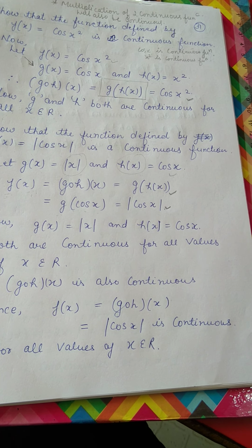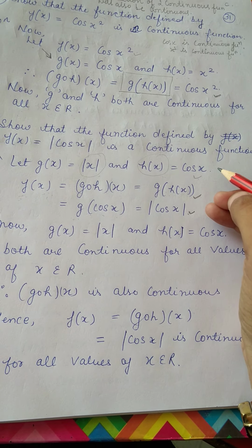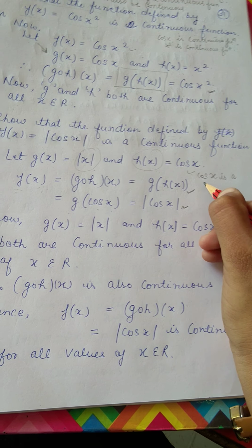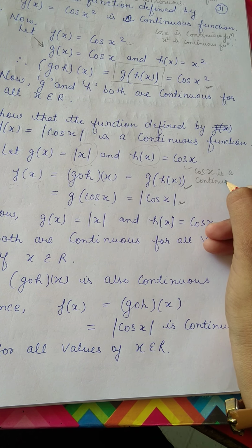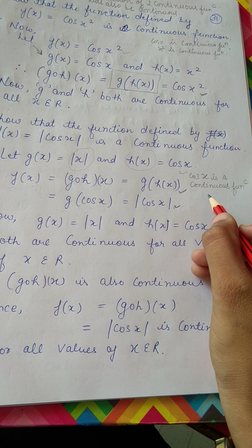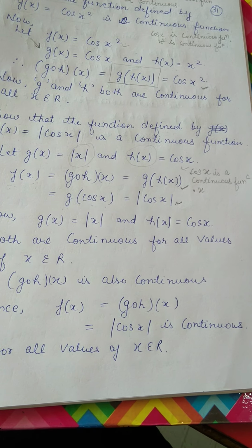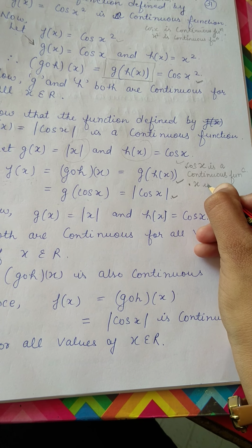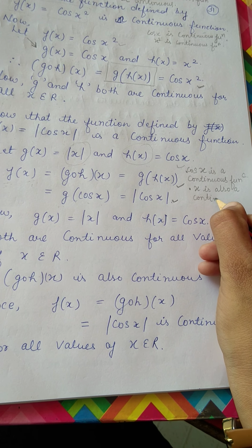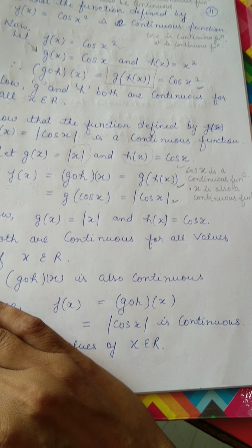Again using the above rule only, which I have used in the above part, I will first tell you that cos x is a continuous function, and your x is also a continuous function.